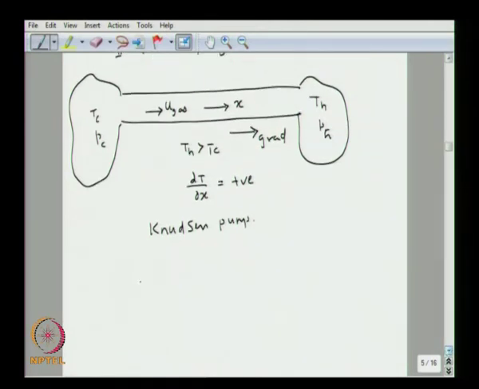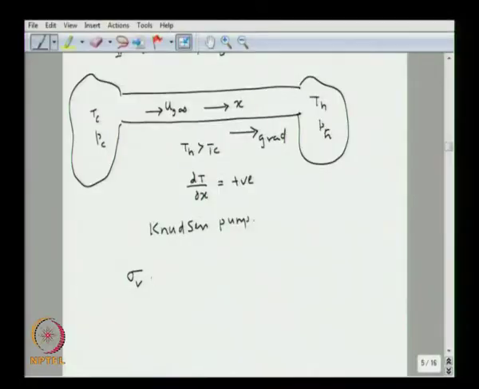Now, the tangential momentum accommodation coefficient takes care of the tangential momentum of incoming and reflected molecules, and of incoming and re-emitted molecules.